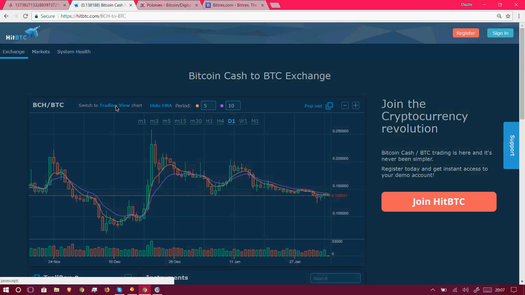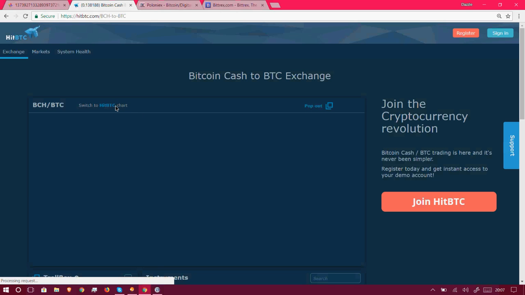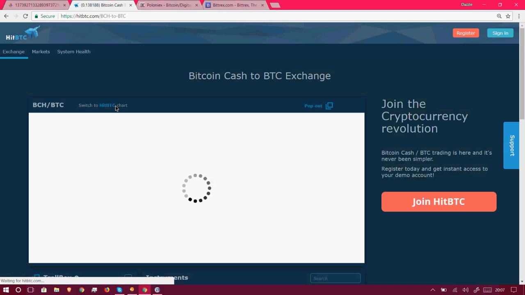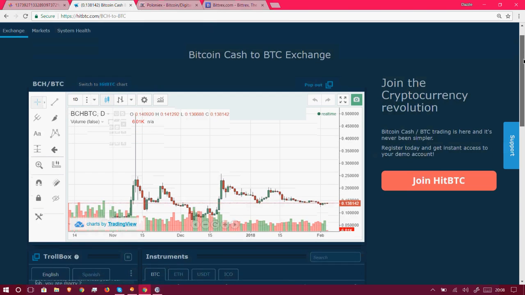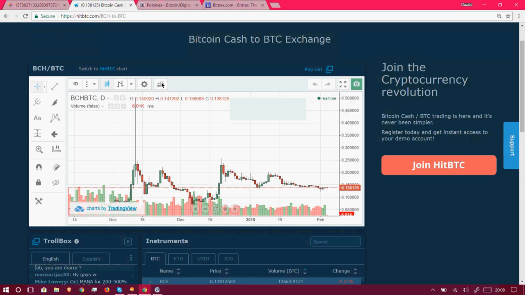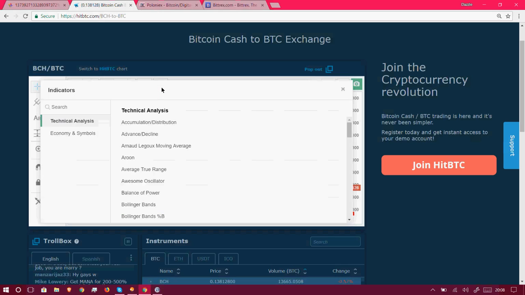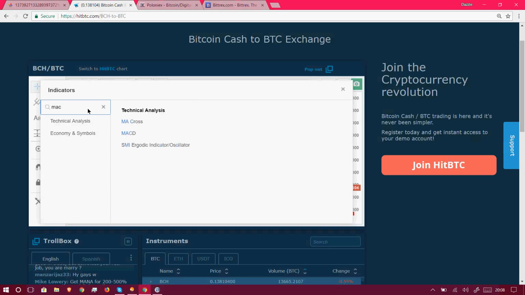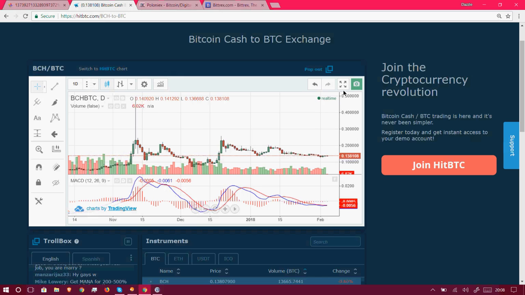In order to get to the MACD, you need to click their switch to TradingView chart. And then you hit this little graph looking thingy over here for your indicators. Type into the search MAC, click MACD, and then hit the X. Even though you didn't see it, it appeared, so don't just click it again because you didn't see anything.